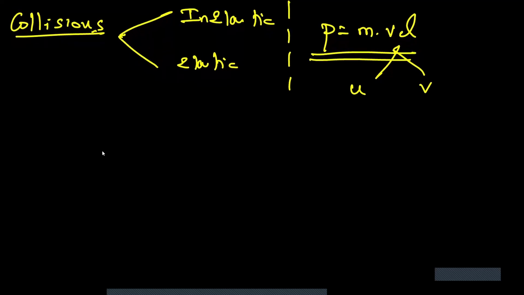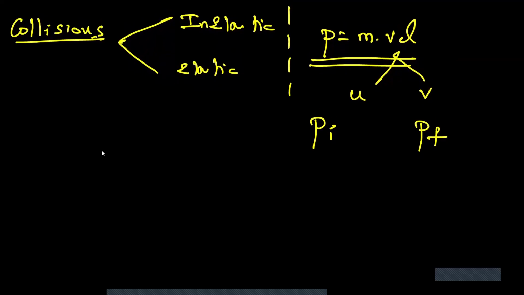If there are two kinds of velocities, there will also be two kinds of momentum: initial momentum, represented by Pi, and final momentum, represented by Pf. Pi means multiplying m by the initial velocity, and Pf means multiplying m by the final velocity. So please be open to the concept that there can be two types of momentum when it comes to a concept in physics.